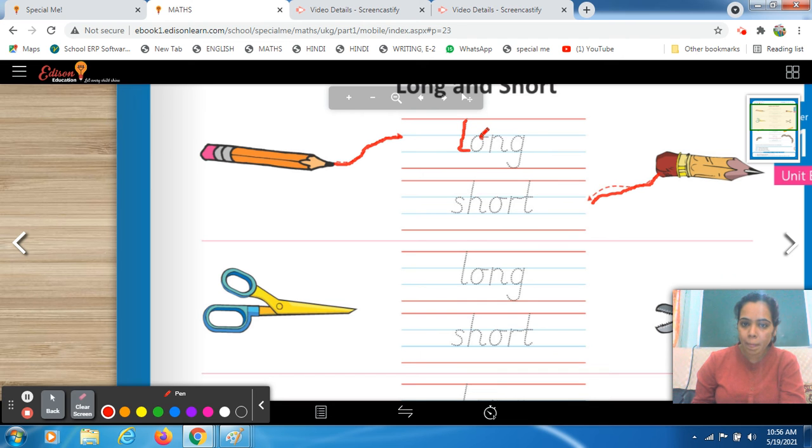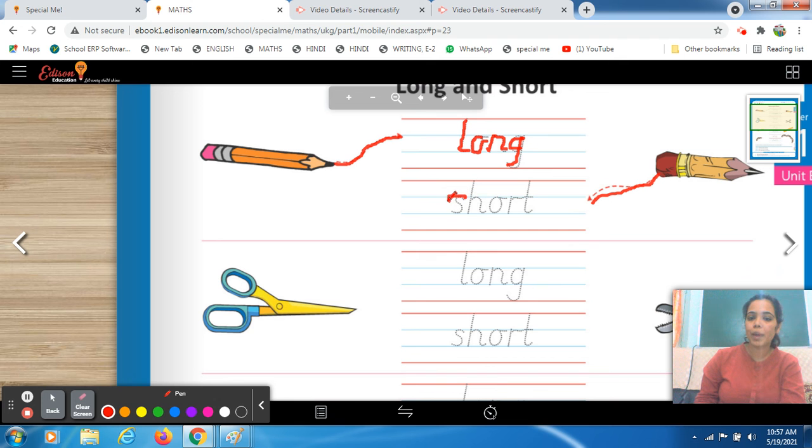L, O, N, G, long. The next one is short, short.